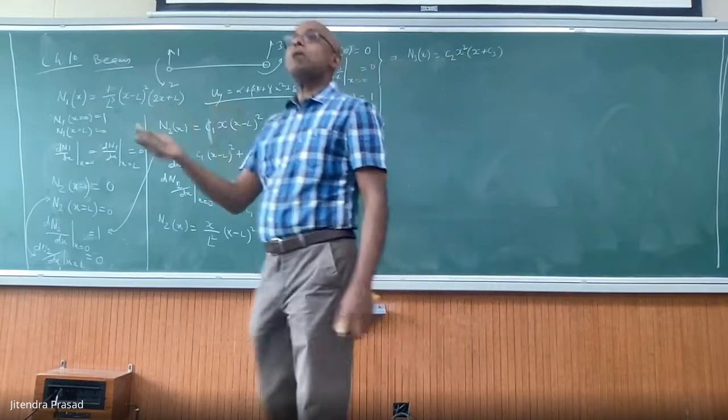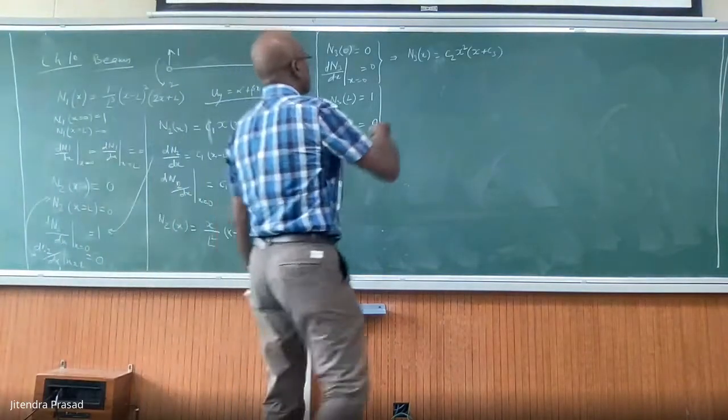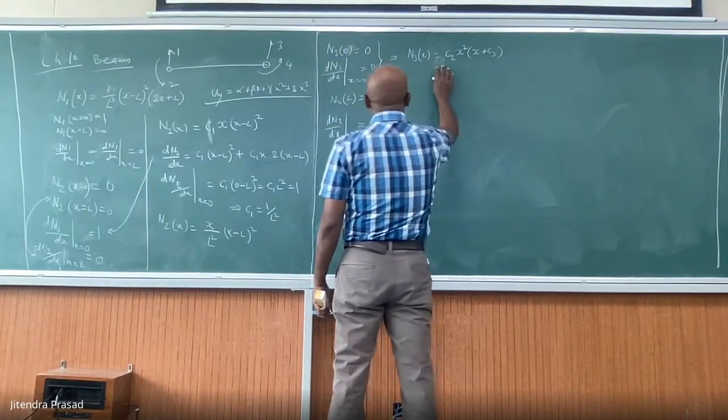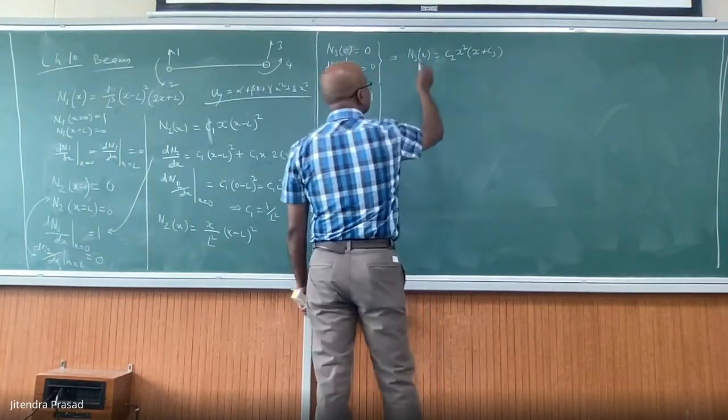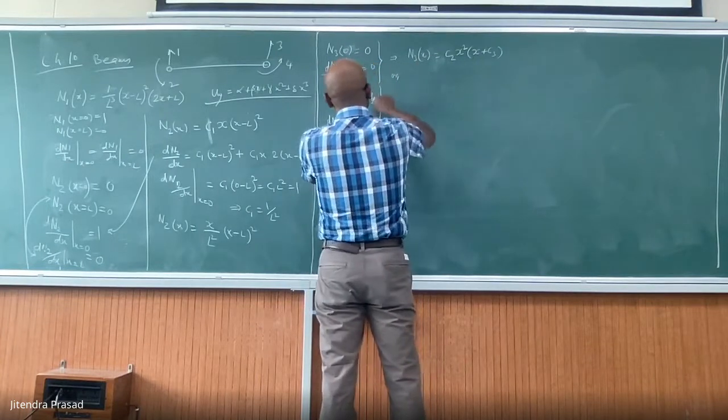This is the value, it's not the root. 1 is not the root. 1 is the value of the expression, the value of N3. This is how we did it for N1 as well. Now you can put these values.